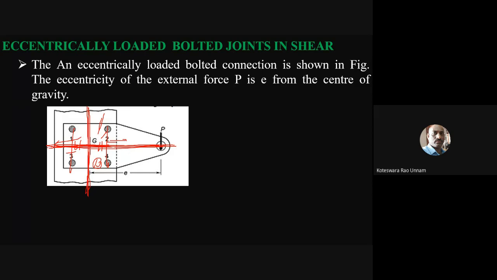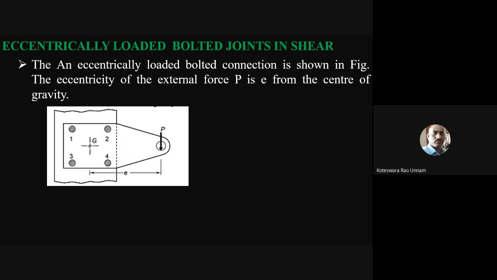If it is symmetric about the horizontal axis as well as the vertical axis, the intersection of the horizontal and vertical axes is going to be the center of gravity. Straight away you can identify it like that, instead of using the formula x bar is equal to sigma xi by n, and y bar is sigma yi by n. If there is symmetry, you can identify the center of gravity just by finding the intersection point of the two symmetric axes.